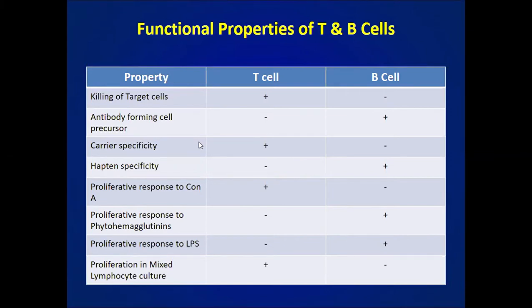Kaya itong B cell, again, the end product of its activation is antibodies. So it is more related on the receptor. Okay, so those are just some of the functional properties. I hold you responsible na to know each of the different properties.